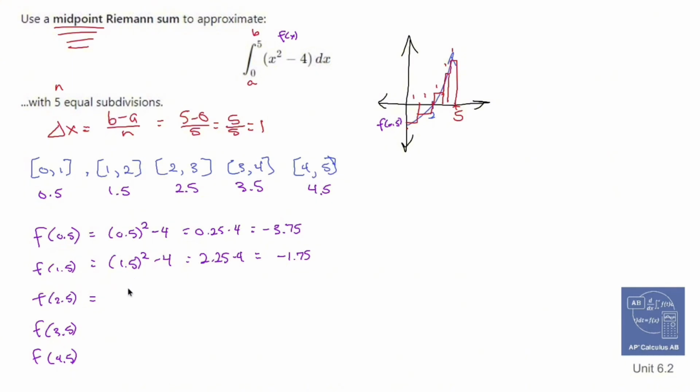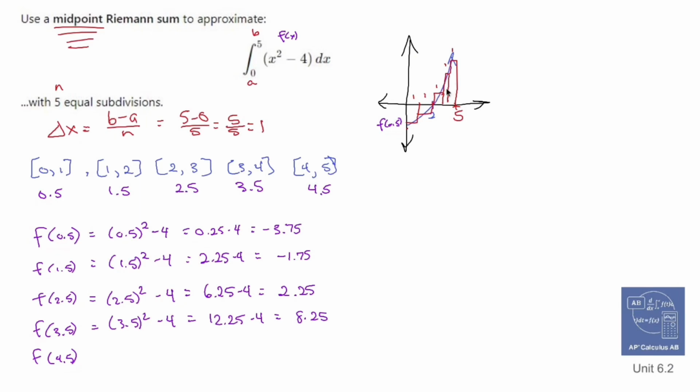What am I doing? 2.5 squared would be 6.25. So 6.25 minus 4 is 2.25. So now we're in positive territory. 3.5 squared minus 4 is going to be 12.25 minus 4, which is 8.25.